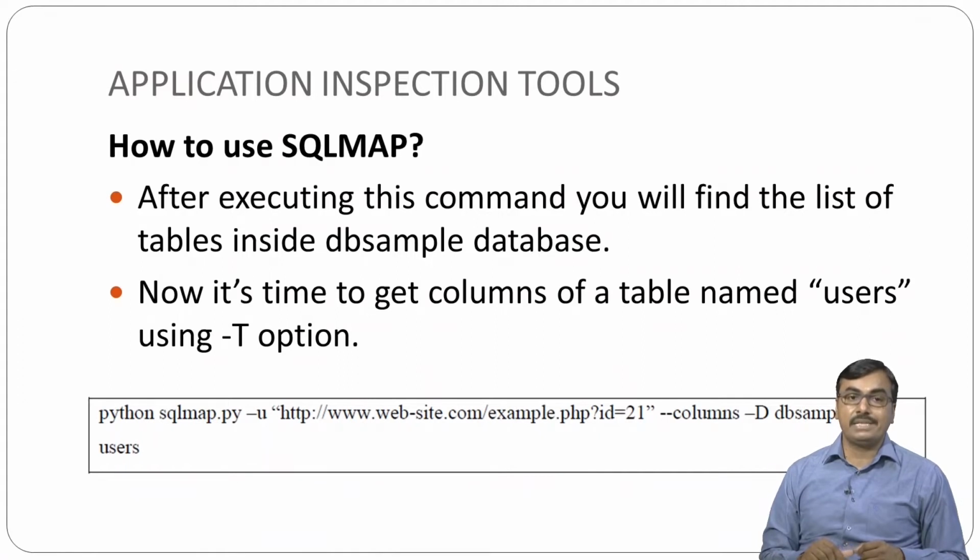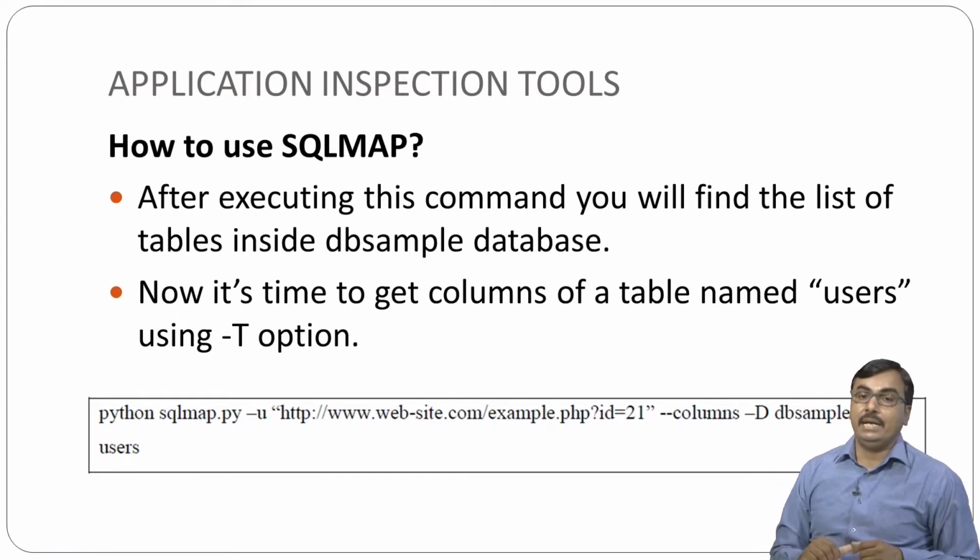Now it's time to get the columns of a table named users, because we have found the list of various tables. Now we are going to attack a particular table. For example, in our case we are attacking the users table in the DB sample database.